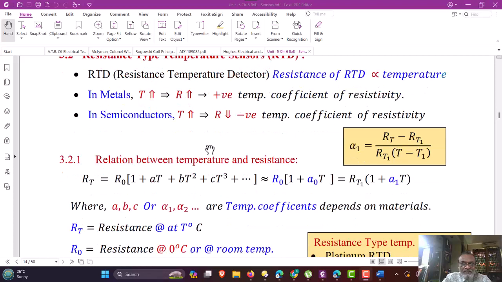In semiconductors particularly, if the temperature is increased, the resistivity of a semiconductor bar will decrease. So delta R by delta T, that is the temperature coefficient, is negative in the case of semiconductors. The temperature measurement sensors are based on use of metal wires or use of semiconductors for RTDs.